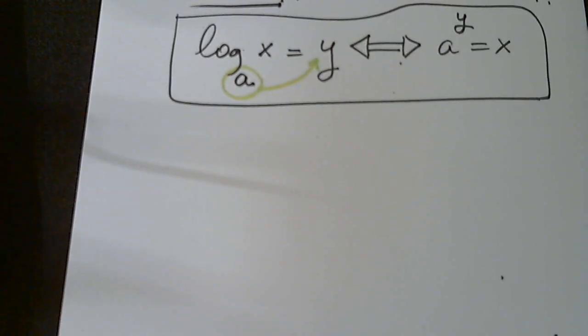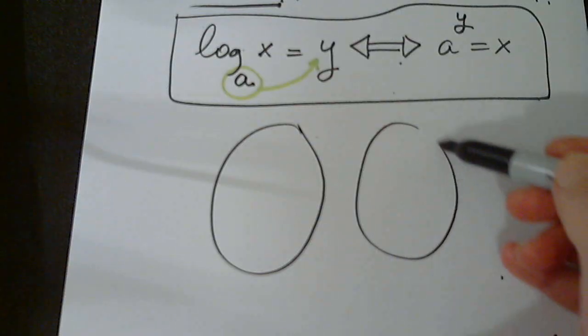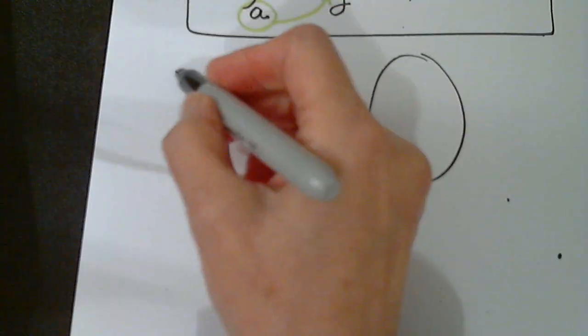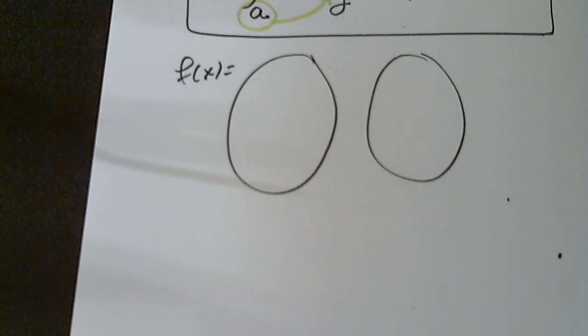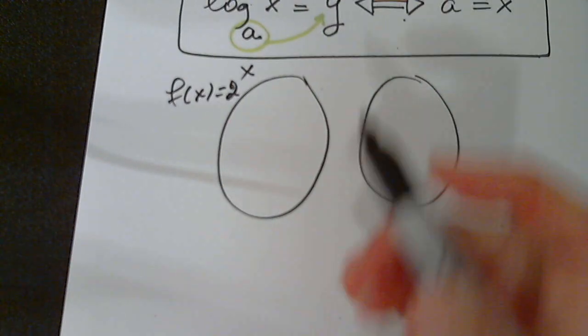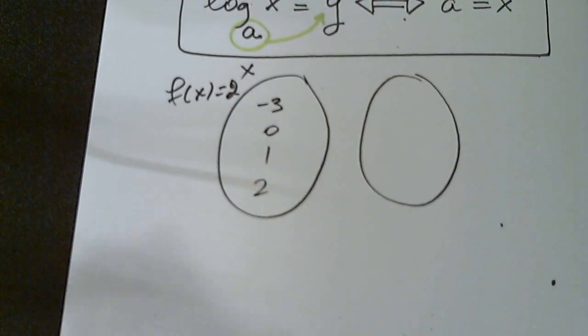Okay, so let's see how this works, and then we'll look at examples. So let's suppose we have a function, the easy one, 2 to the x. And let's say we pick -3, 0, 1, and 2.